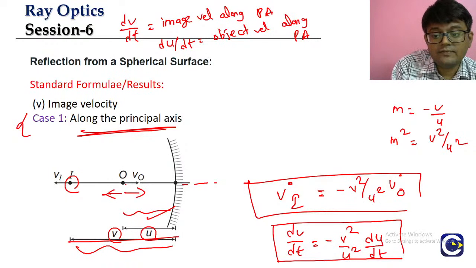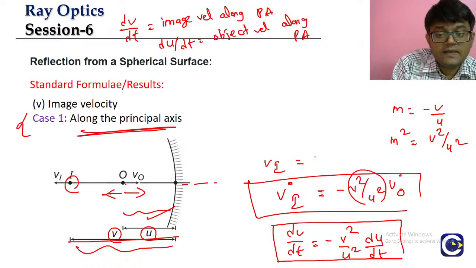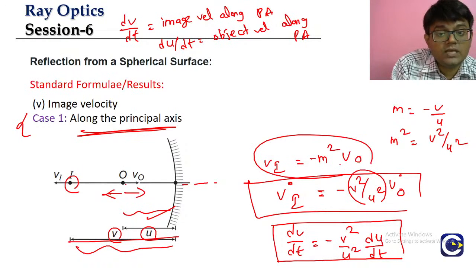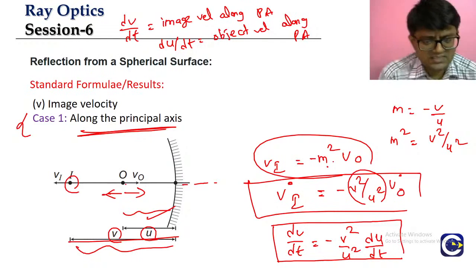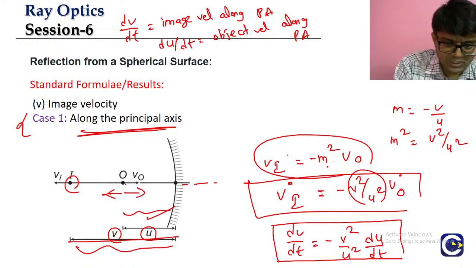So in place of v square by u square, we can keep m square. Look at this, guys: the velocity of the image along the principal axis will be equal to minus m square into the velocity of the object along the principal axis. This m is the magnification factor at that instant, which is nothing but minus v by u. So either you remember this or you remember this.